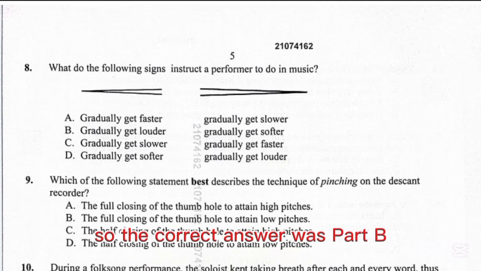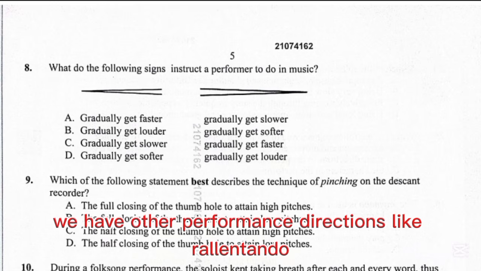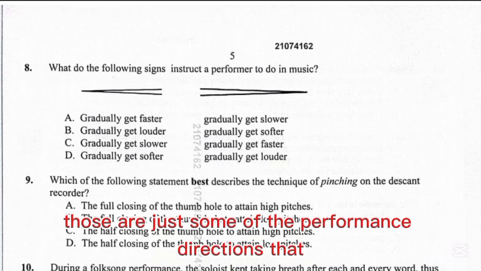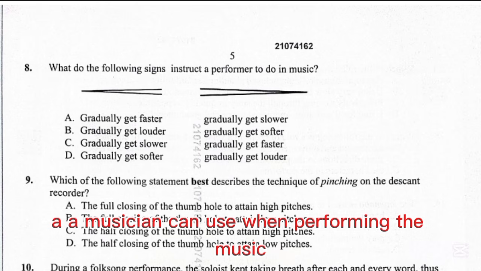So the correct answer was part B. We have other performance directions like ralentando, retardando, a tempo. Those are just some of the performance directions that a musician can use when performing the music.